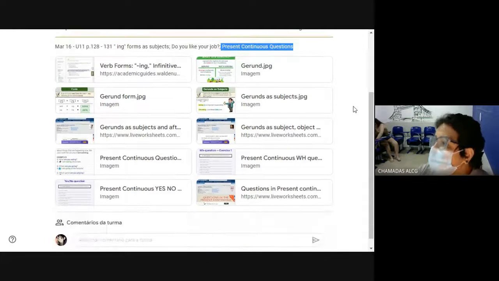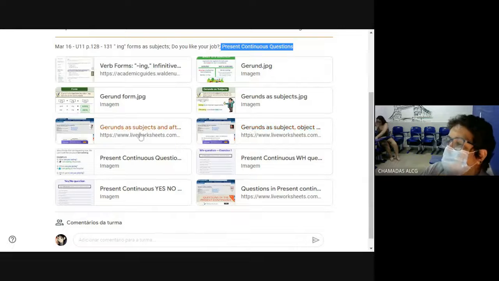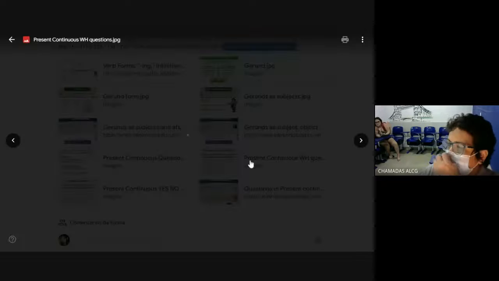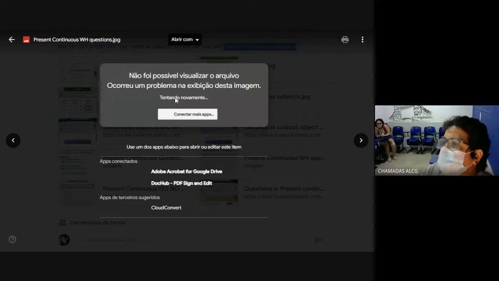For homework, I'd like you to do the worksheets we posted here. There are 2 worksheets I posted that you need to do on your notebook, because here you can't write. Oh, it's not possible to show.